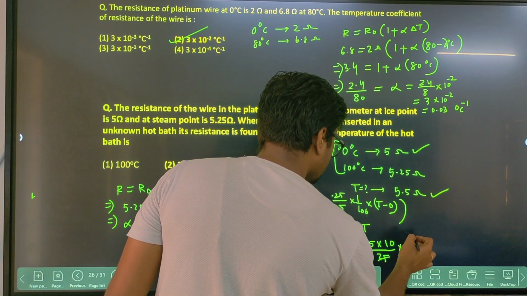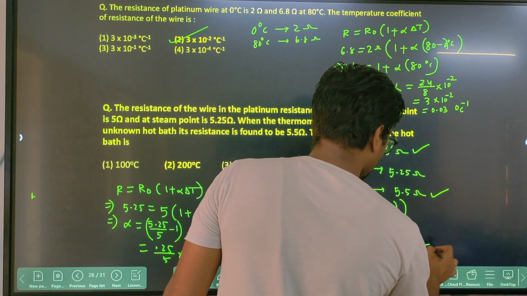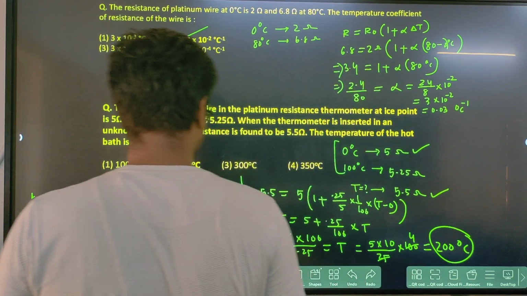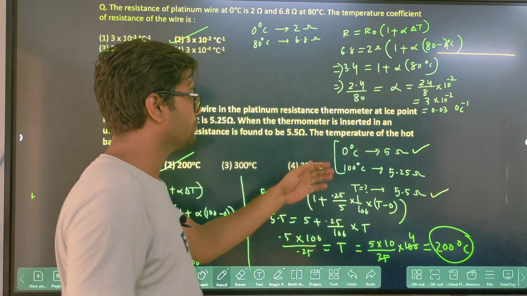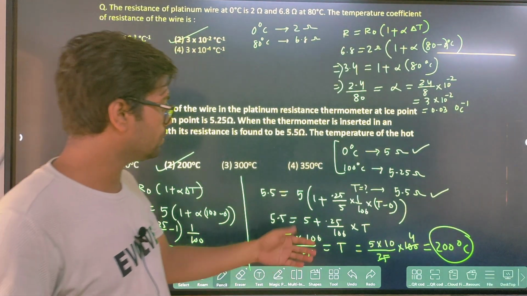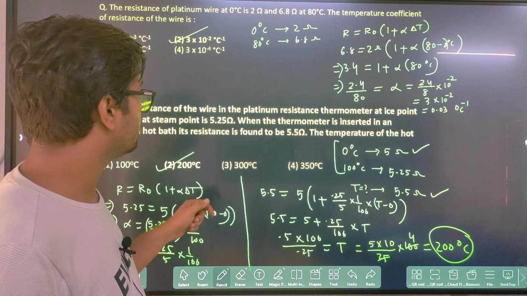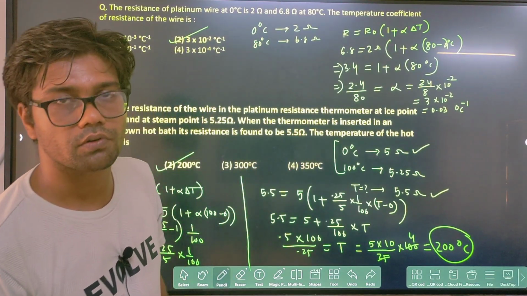This will get cancelled out and give you 4, and if you do 20... then this will be 200 degrees Celsius. So this will be your answer. Like that you can find out. Here you have to apply it 2 times, because 3 temperatures are given. So you apply like this and you get that at 200 degrees Celsius the resistance will be 5.5 ohm. Clear?